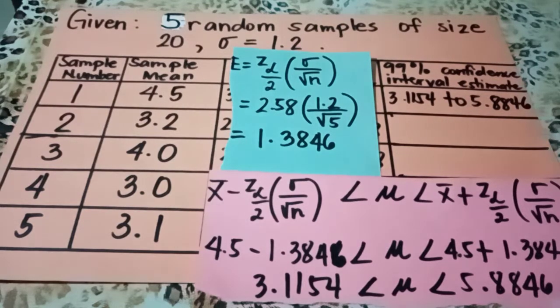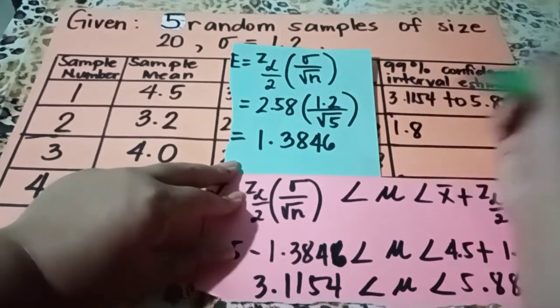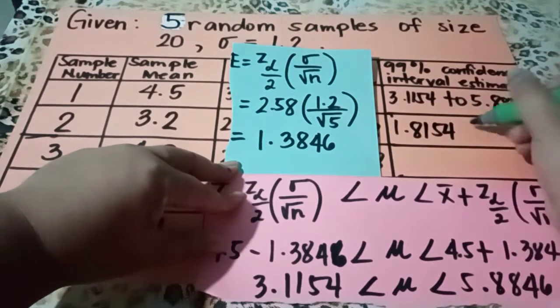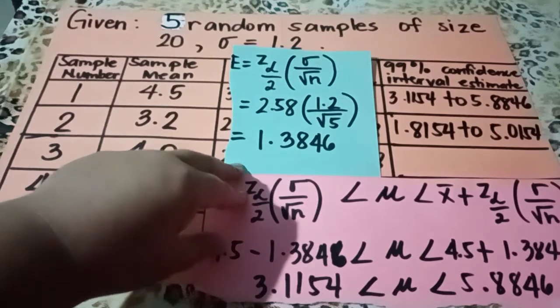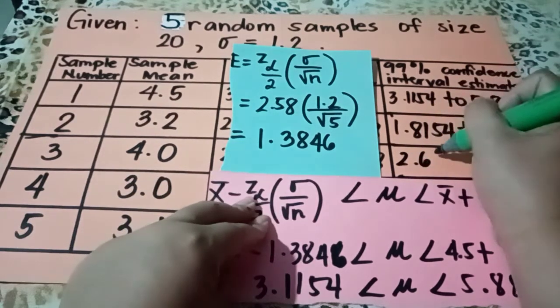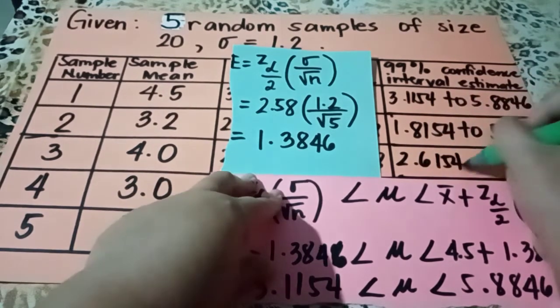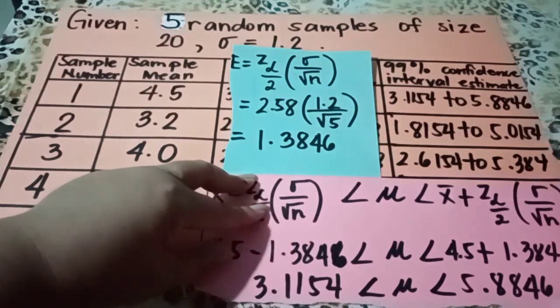So of course, using 3.2, we are going to have 1.8154 up to 5.0154. And then in the third one, using 4.0 as your sample mean, that is equivalent to 2.6154 up to 5.3846.